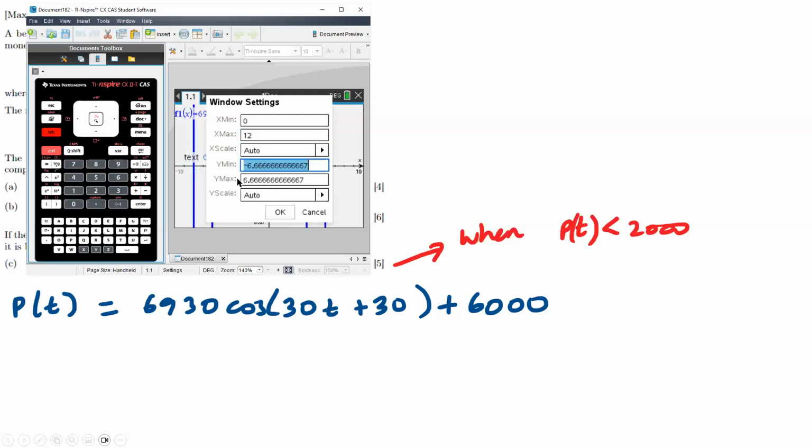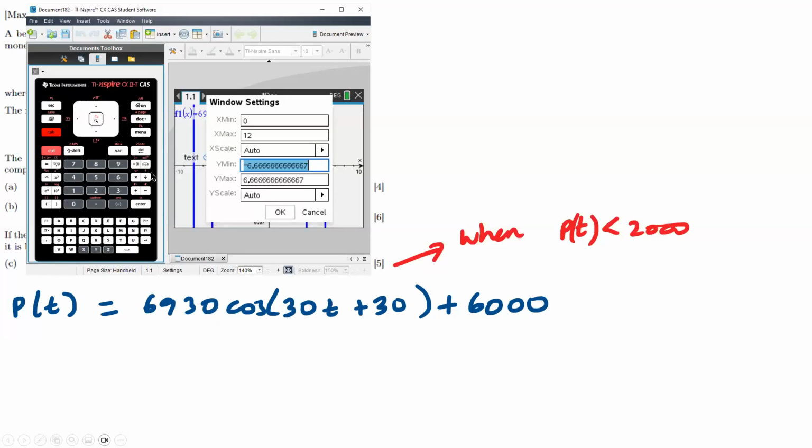Now we need to just look at the y minimum and maximum. So we could play around with this a little bit, or we could note that we've got a sinusoidal function here with an amplitude of 6,930 and a principal axis at 6,000. So the value 6,000 is going to be halfway up in terms of the y-axis up our graph, and it's going to go up another 6,930 from that.